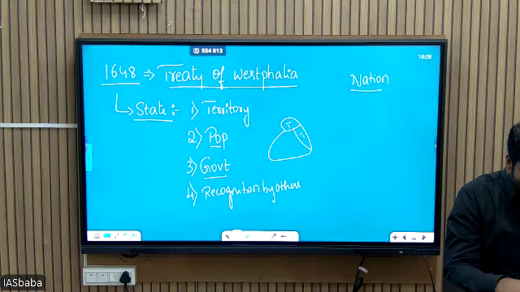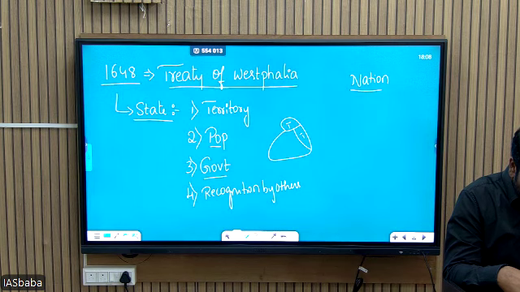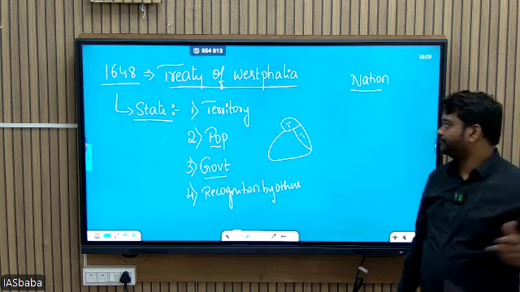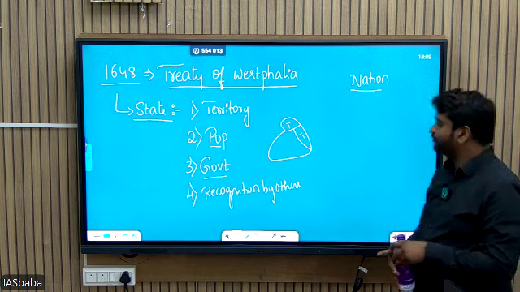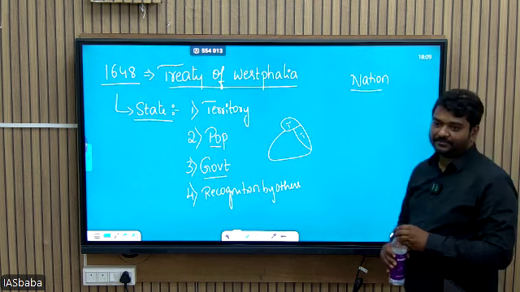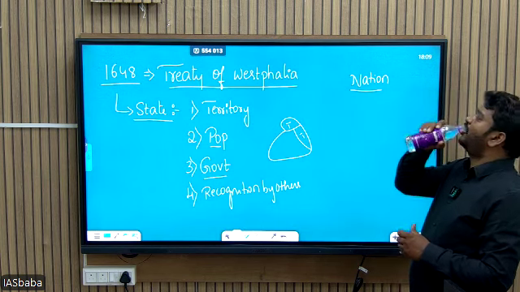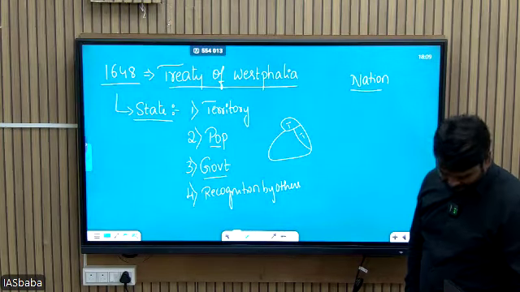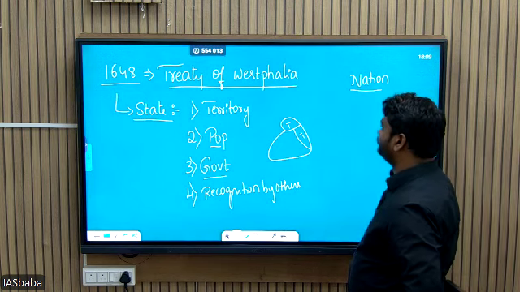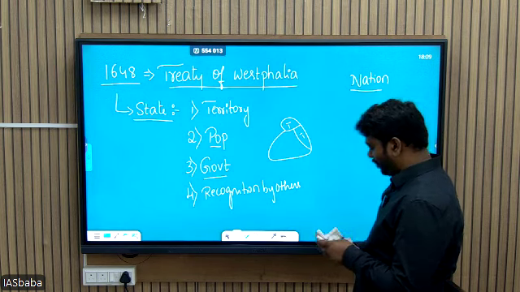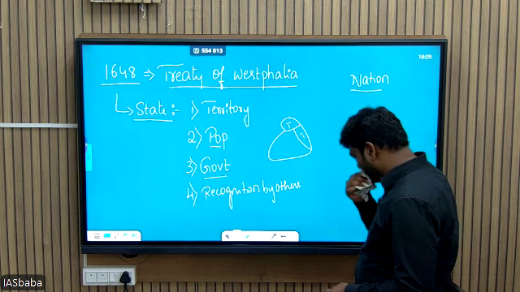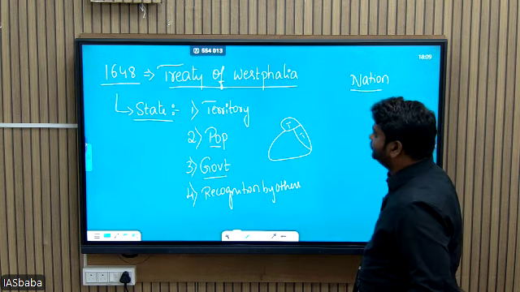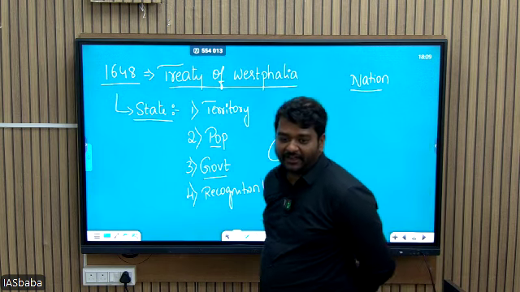Below this, the concept of the modern state was introduced after the Treaty of Westphalia. According to this, a modern state includes a defined territory.